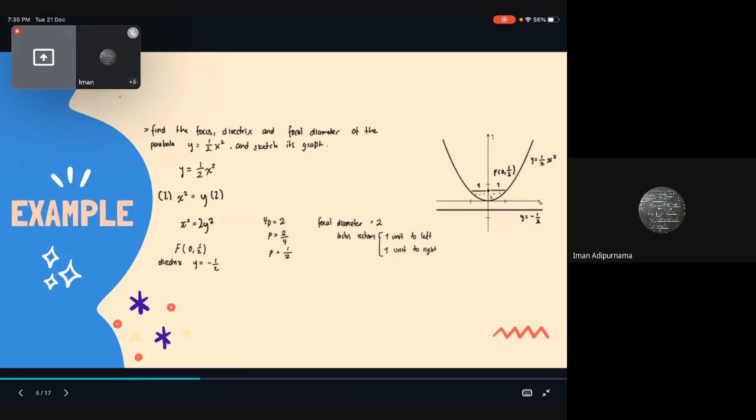From here, we can find the directrix, and we just need to find the focus with p. With that same information, we see that 4p equals 2, and that will be the focal diameter. And here we have the graph. As you see, it's really simple.